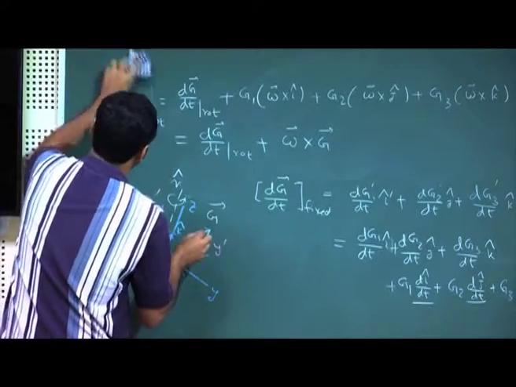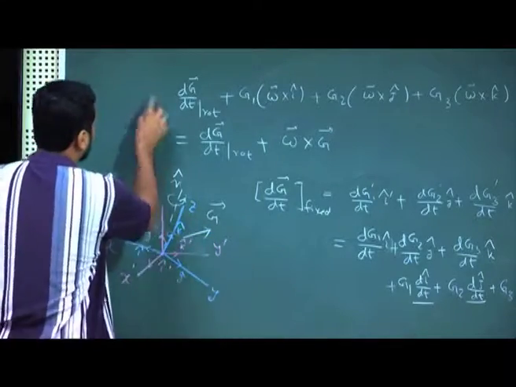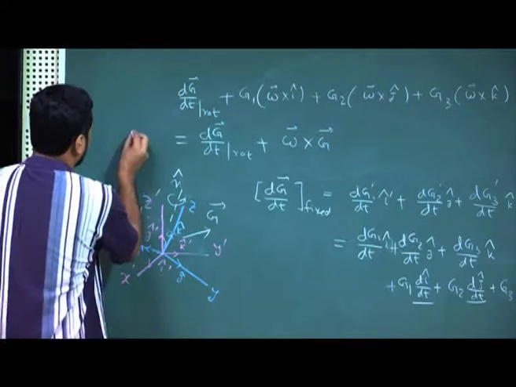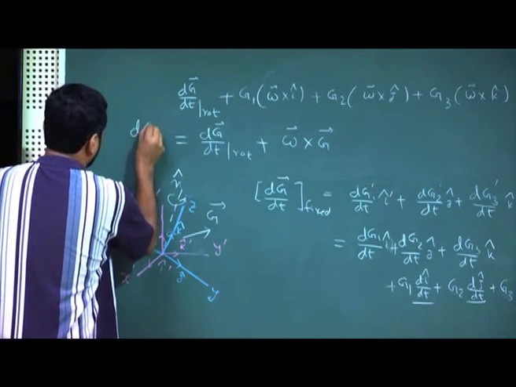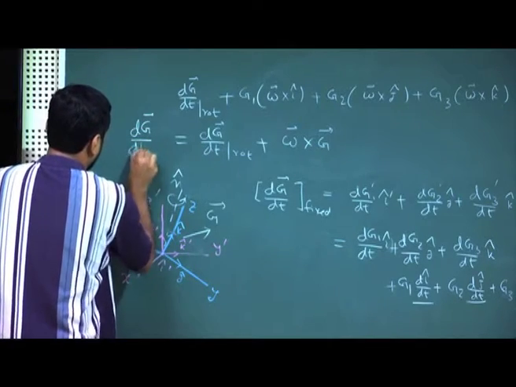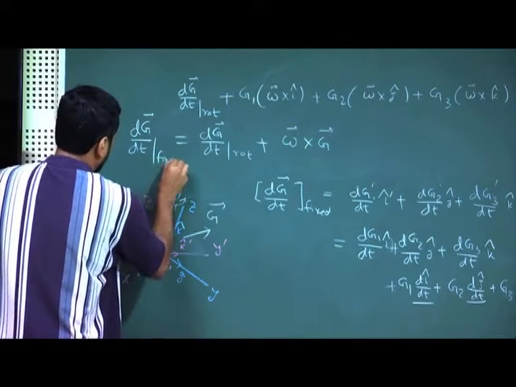Okay, so instead of taking this with respect to the rotating frame, we can take it with respect to the fixed frame. So, instead of dg/dt rot, we can write dg/dt fixed.